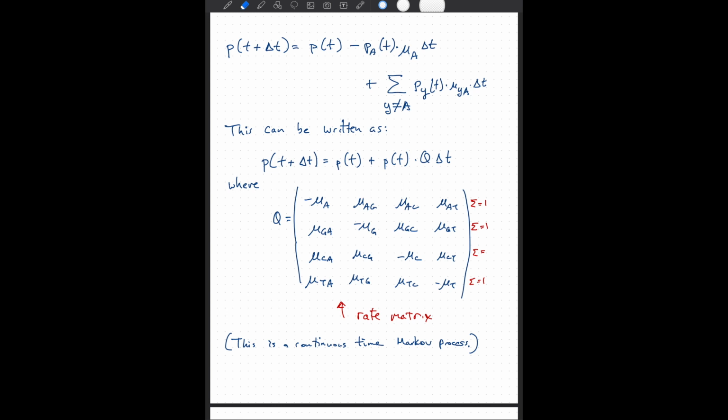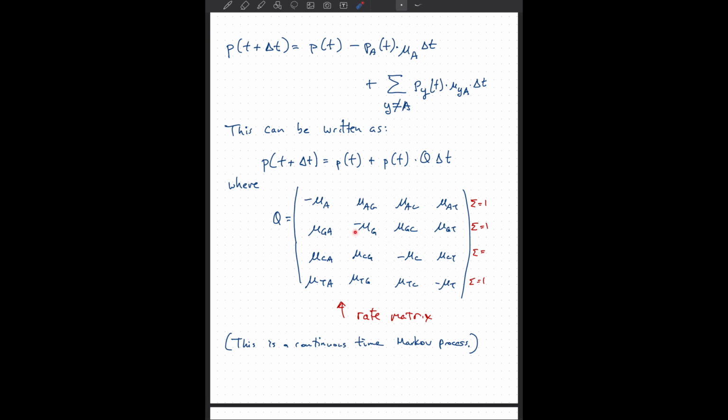In this model, we would write it as minus mu A, and then you see here it's A to G, A to C, A to T, G to A, C to A, T to A, and along the diagonal you'll see it's always the negative mu.